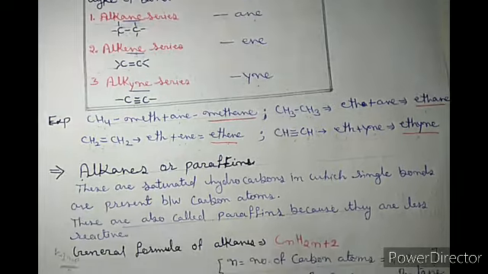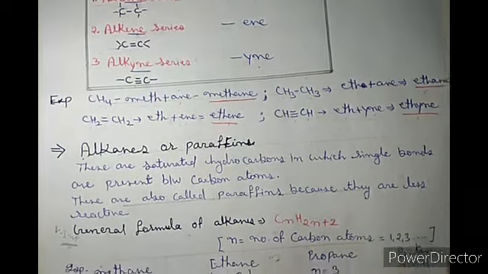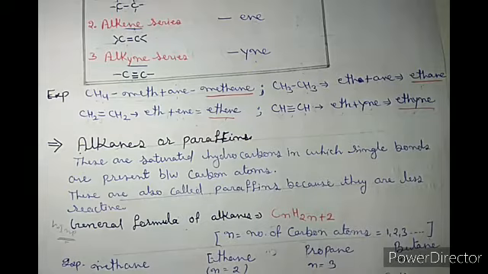Okay, so now let's start the first hydrocarbon series, that is alkanes, which are also called paraffins. Firstly, consider the definition: the saturated hydrocarbons in which single bonds are present between carbon atoms are called alkanes or paraffins.